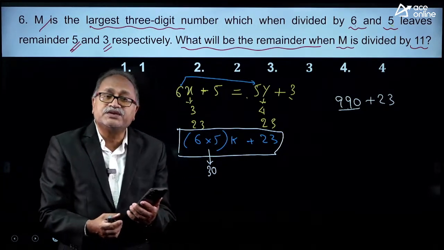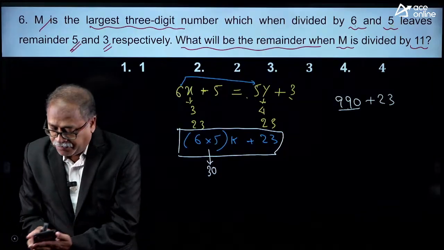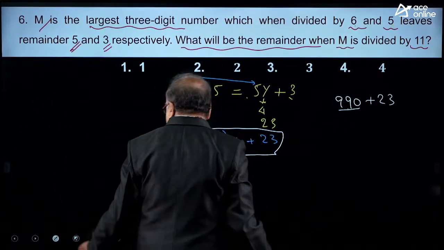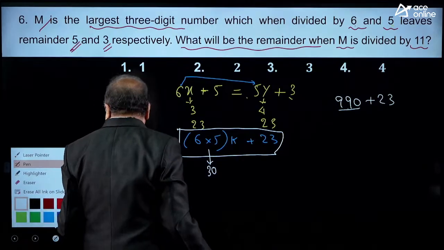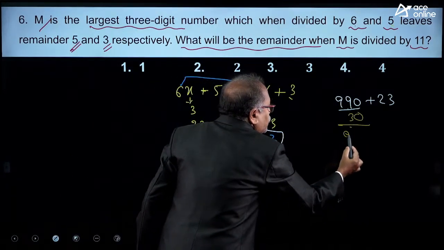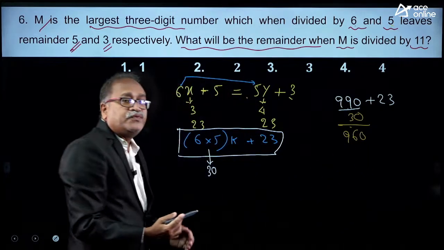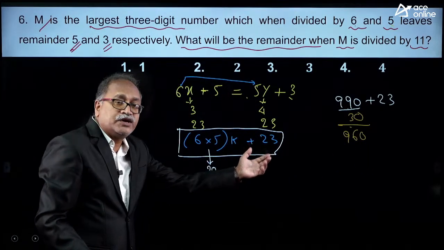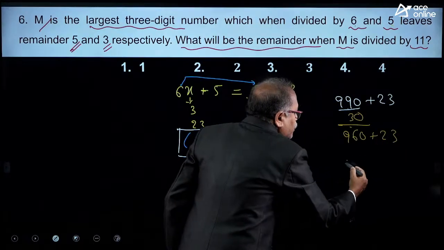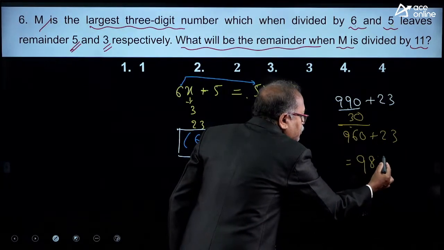Come on, my dear friends. Okay, now I will conclude it. If I reduce this number by 30, what happens? Take out the 30 from here, you get 960. Now if we add the smallest number, that is 23, you are not crossing the limit. So you are getting 983.